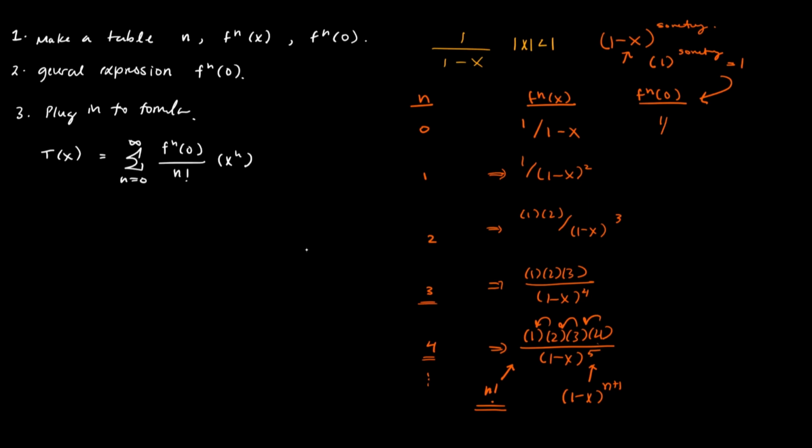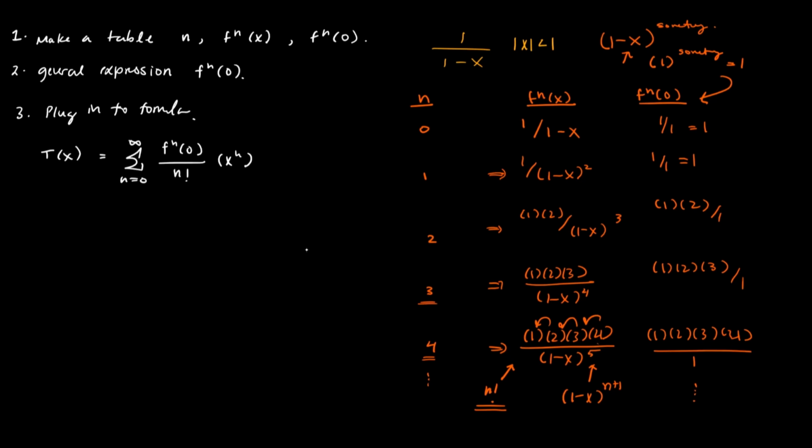So this is going to be 1 over 1, which is just 1. This is going to be 1 over 1, which is really just 1. This is going to be 1 times 2 over 1. This is going to be 1 times 2 times 3 over 1. This is going to be 1 times 2 times 3 times 4 over 1.